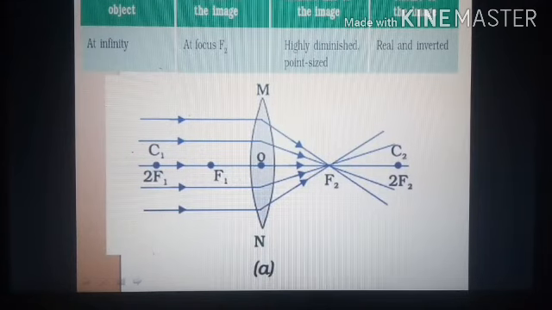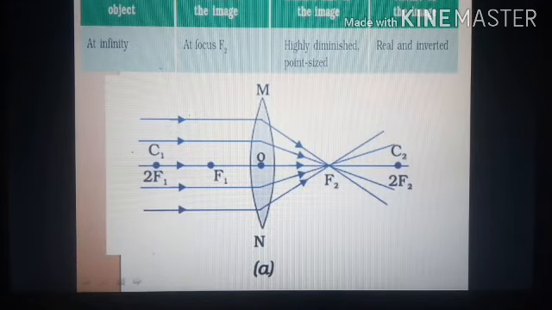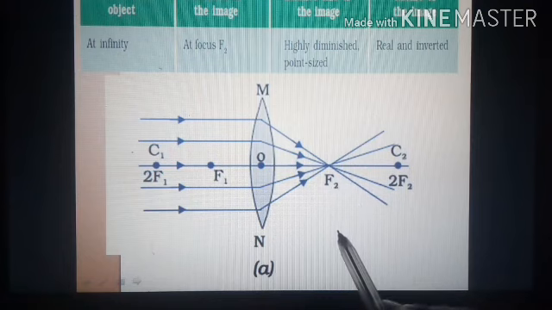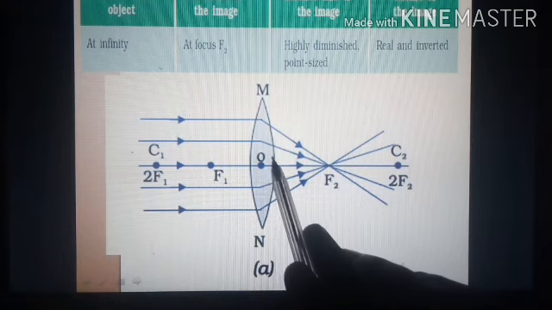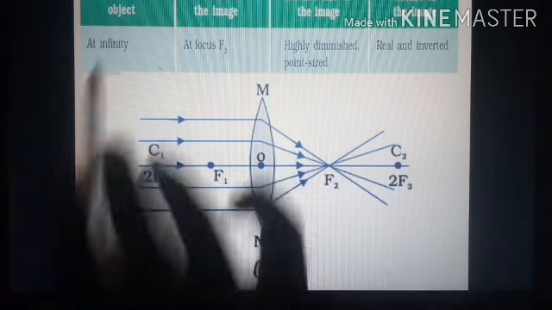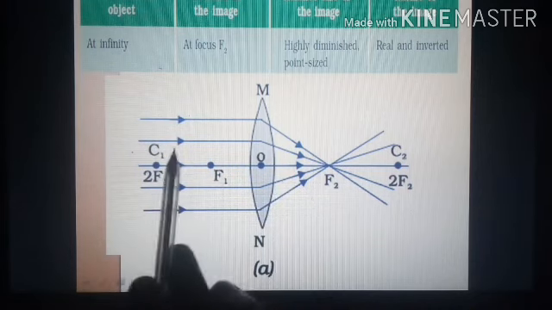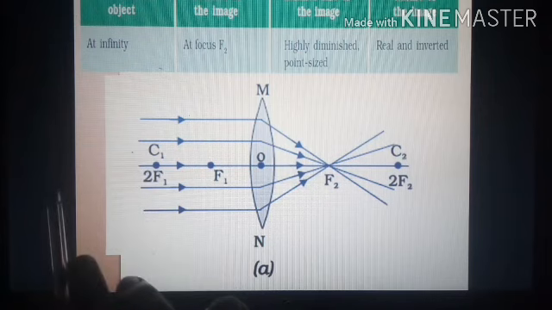Next we move to image formed by convex lens. Here there are different rays passing through the convex lens. Initially we consider the ray coming from infinity. Rays coming from infinity means parallel rays, which means the object is placed at infinity distance.